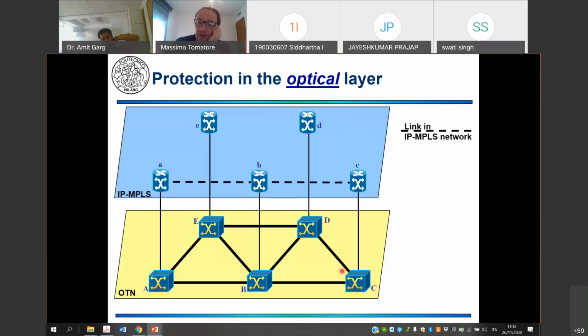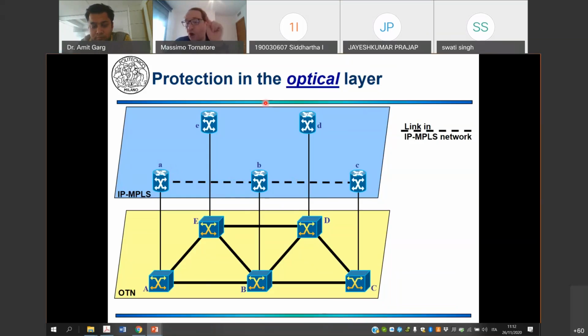So let's assume again we have the logical topology. Now it should be clear. The logical topology, this is my customer, this is the bank, and the physical topology, this is the network of the operator. And let's imagine that we want to protect a connection between logical node A, the router A, and the router C.